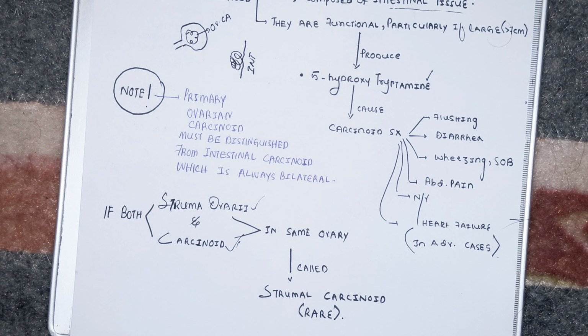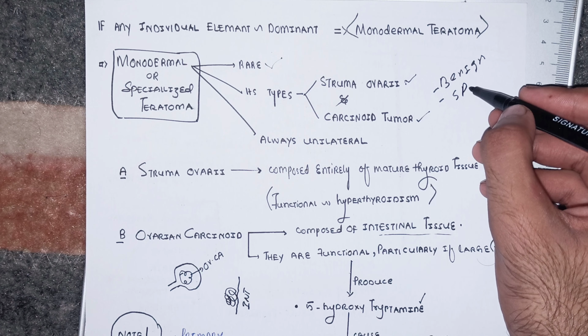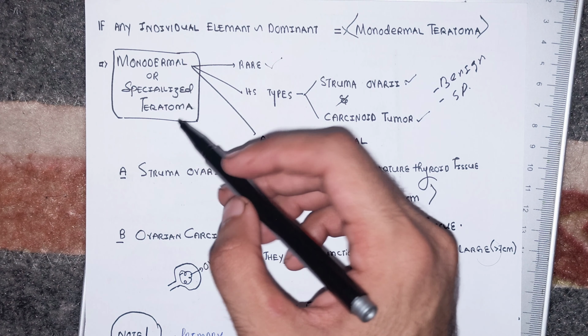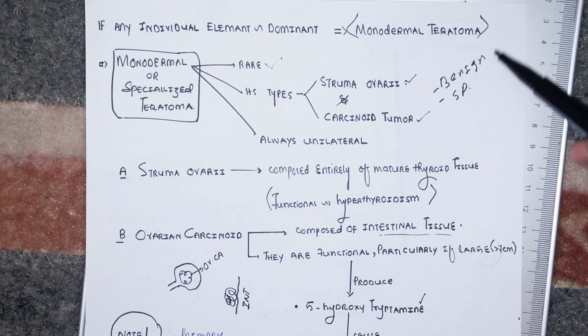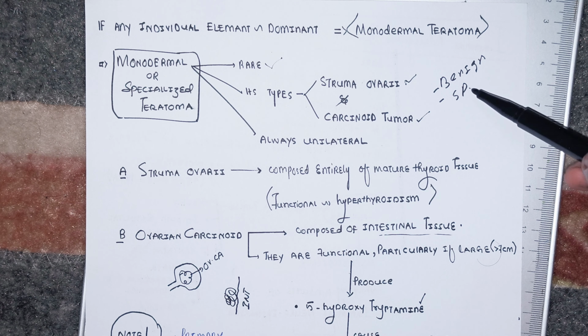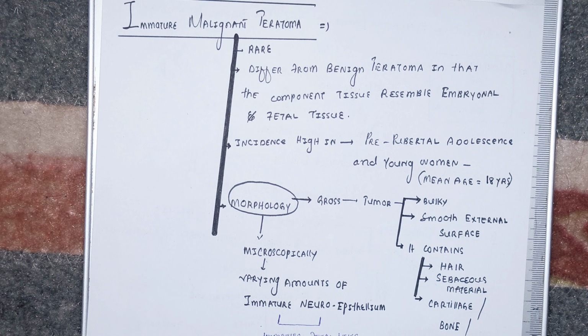Okay, right. Right after this, beta, what have we covered so far? Firstly, I told you about the benign teratoma. After benign teratoma, I told you about the specialized, that is the monodermal teratoma. So we are done with the benign teratoma, specialized monodermal teratoma, and it's now time for the malignant teratoma. Malignant teratoma, this is also rare.